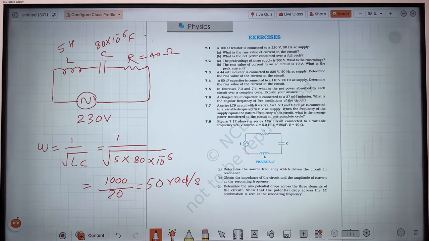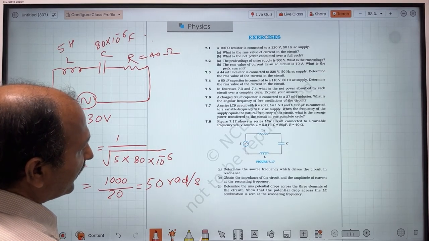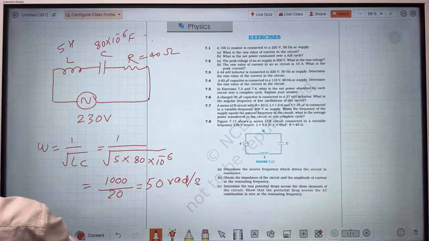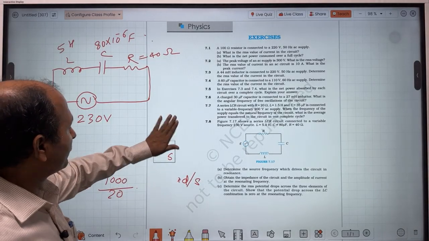Then the second point is to obtain the impedance of the circuit and the amplitude of the current at resonating frequency. So we have to find out the amplitude of current. For that we need impedance.